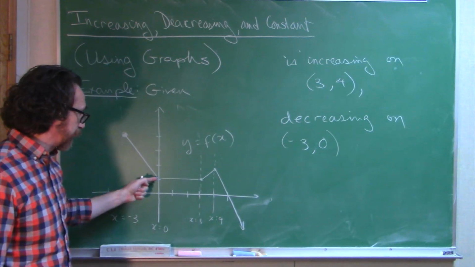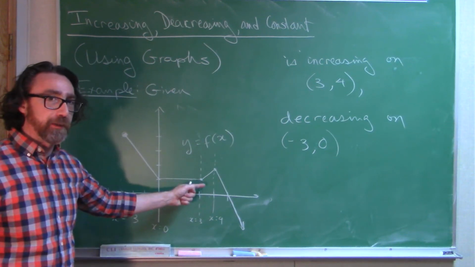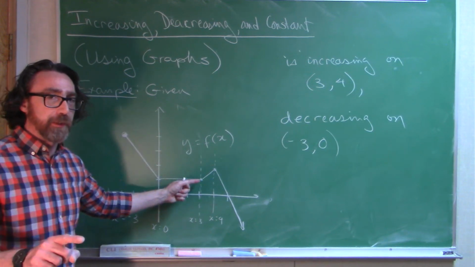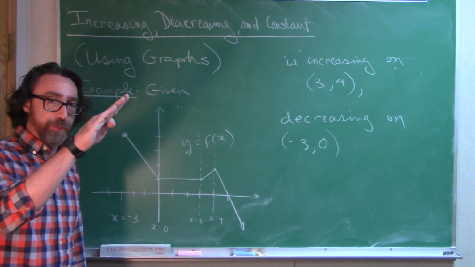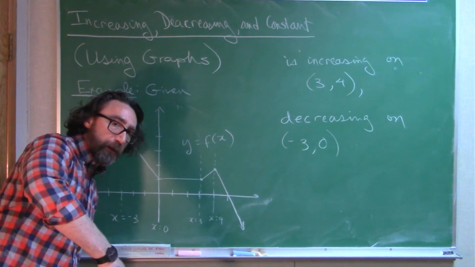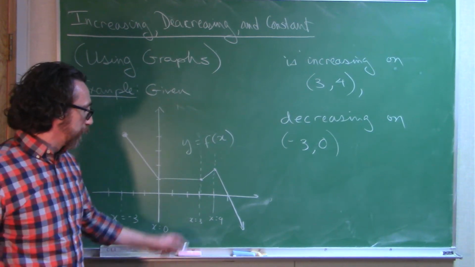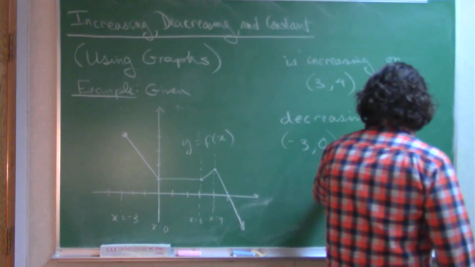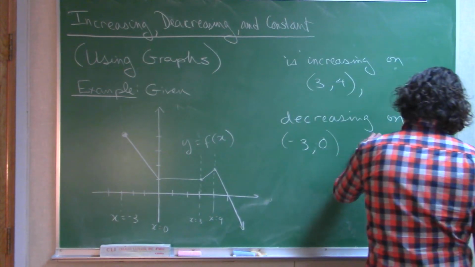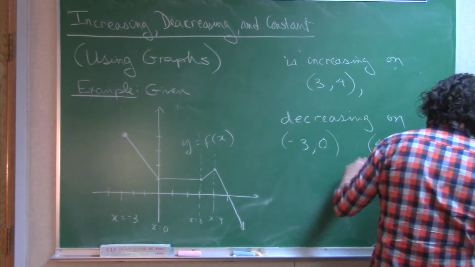Here it's flat. That's constant, remember. So increasing, graph sloping up. Decreasing, graph sloping down. Constant, graph is horizontal. But then the graph decreases again over here from 4 on out.